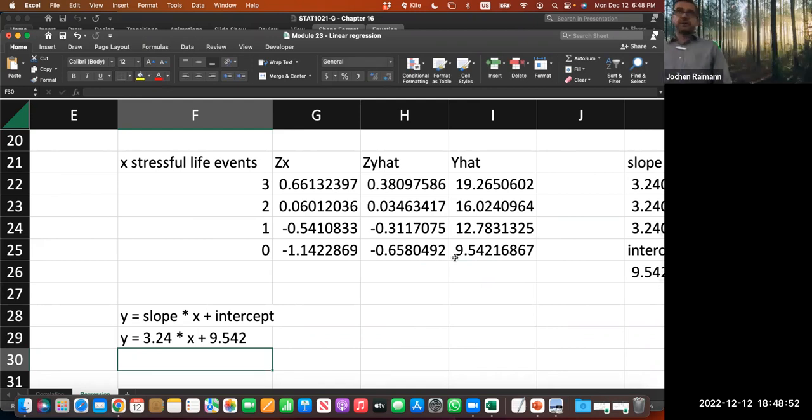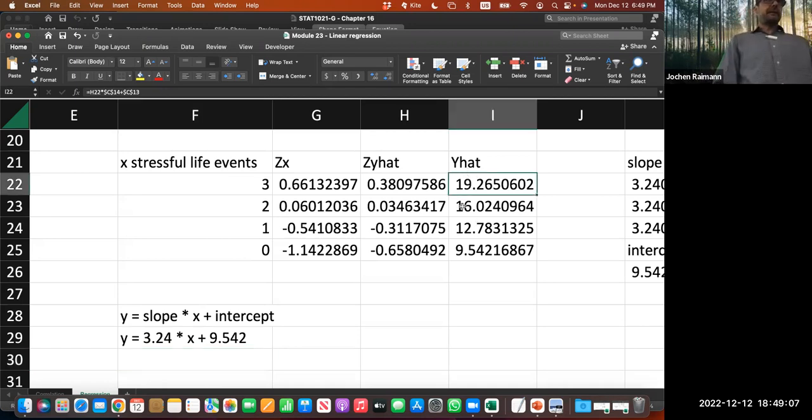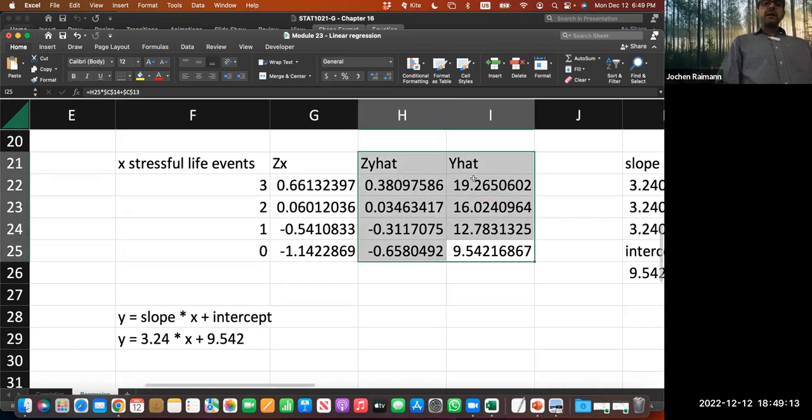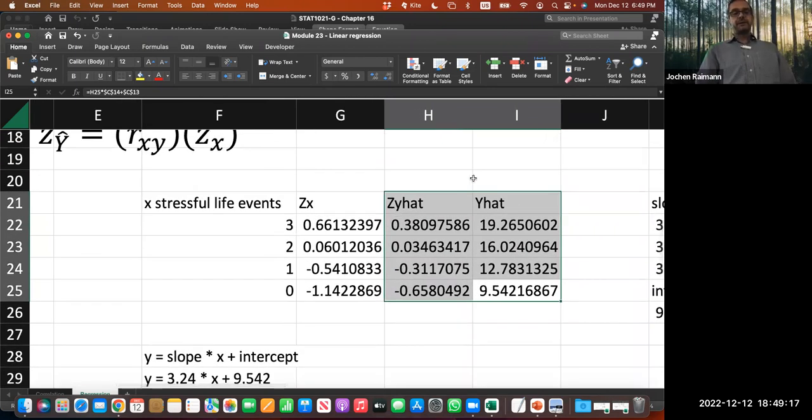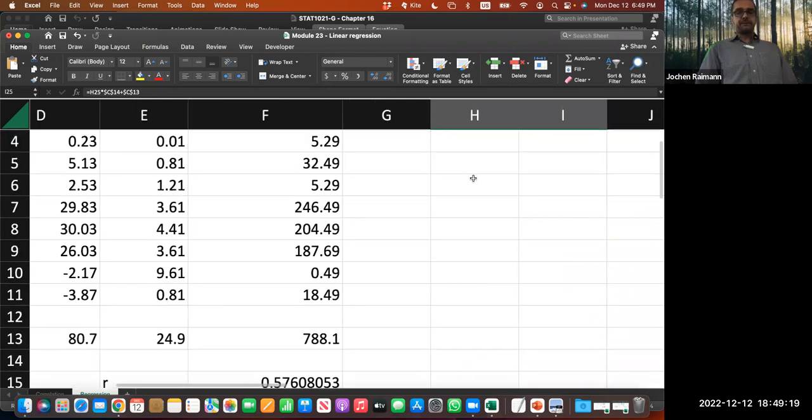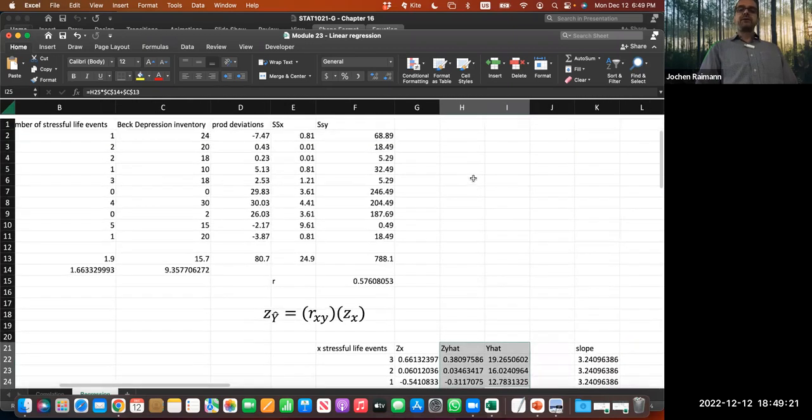But all the steps in between are quite important to keep in mind, particularly the transition from x to zx and from zx to zy hat. And please keep in mind that this is a predicted y. This is a predicted dependent variable that you're deriving here. And once you have this predicted variable, you can then easily employ this function to your population.